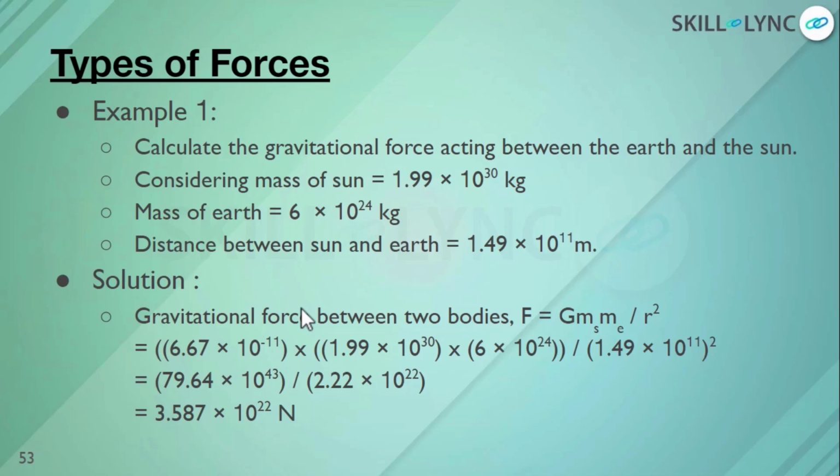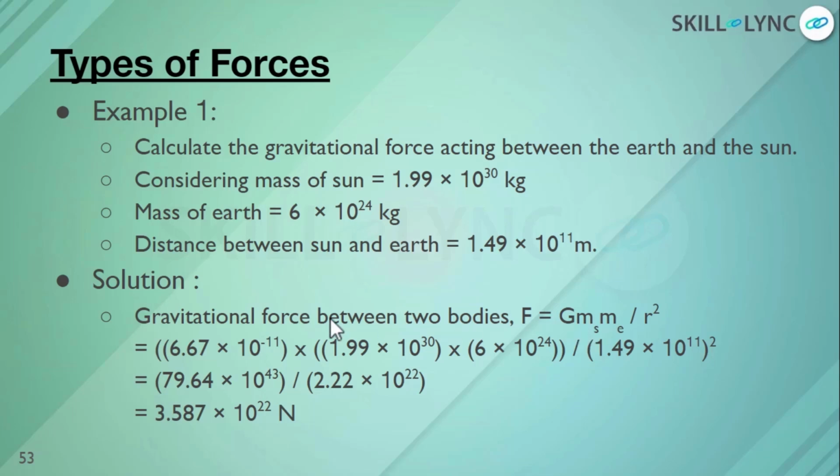So, as per the formula of gravitational force between two bodies, F equals G into ms into me divided by r square. ms can be termed as m1, that is the mass of the first body, the Sun. me can be termed as the mass of Earth or the mass of the second body.